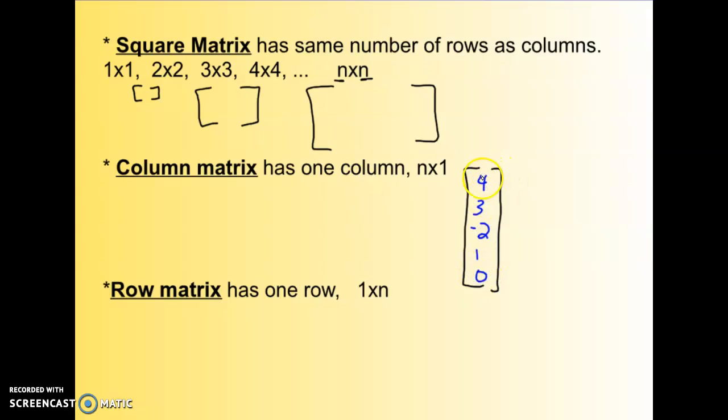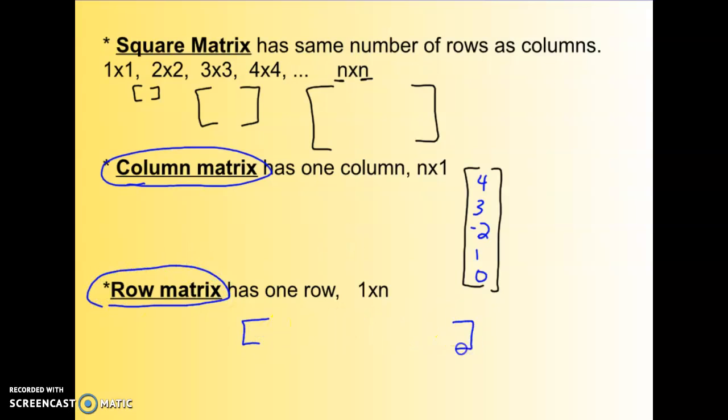So this one has 5 rows, but only 1 column, so we call it a column matrix. A row matrix is just going to kind of do the opposite. It has 1 row, but then a bunch of columns. So this would be like a 1 by 6. 1 row, but 6 columns.